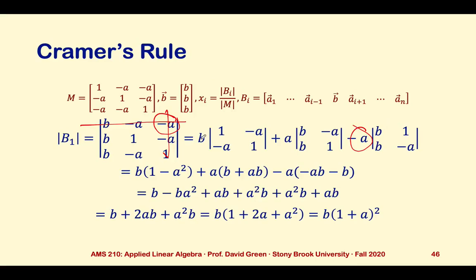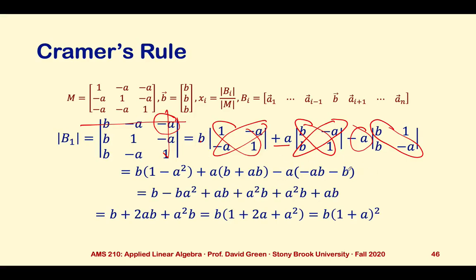Same approach, b times 1 minus a squared, plus a times b minus negative ab, or plus ab, minus a times negative ab minus b. What we have here. Multiply everything out, b minus ba squared plus ab plus a squared b minus a times negative ab is plus ab squared.